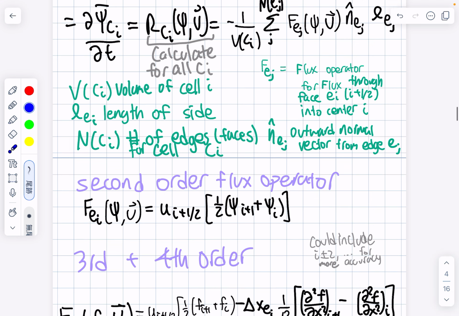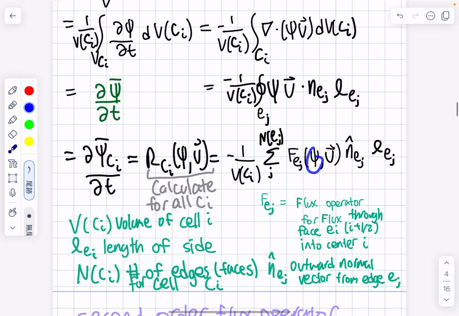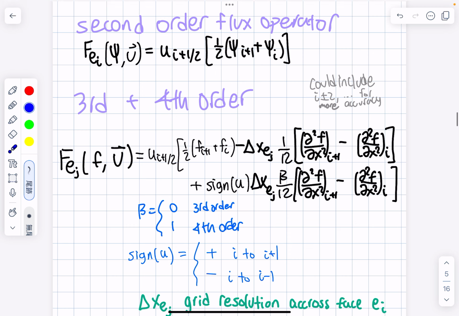But in this case, the scalar phi also needs to be on the edge, but it's not. It's on the cells, so we need to take an average. 1/2 times the two added together gives you approximately the value, with a linear interpolation, to guess what the flux contribution from a scalar would be.